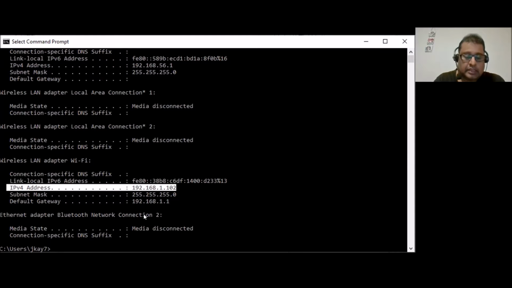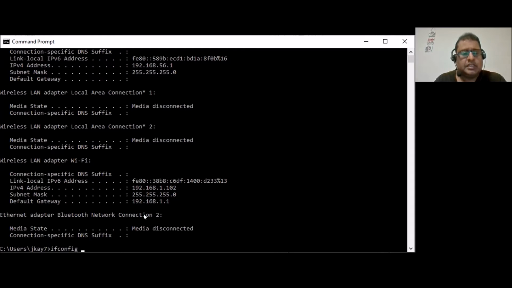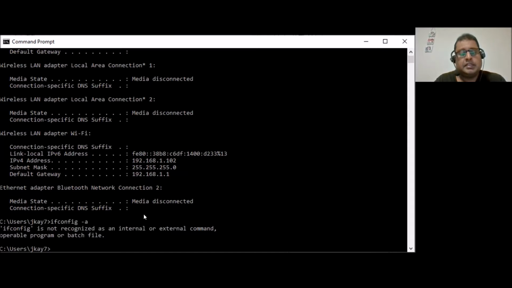Now, to see it on Linux, or probably Mac as well, if you type this command, that's the command you should use. But this doesn't work here because obviously it is a Windows computer. Okay, so just in case one of you has a different operating system, this could be the command you should use on a Unix based operating system.